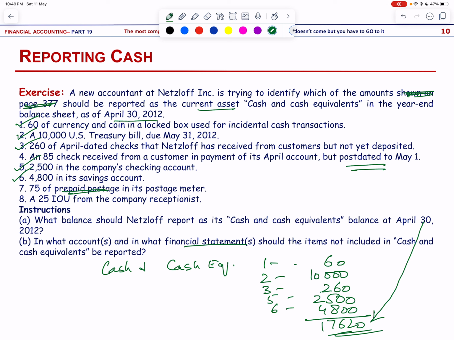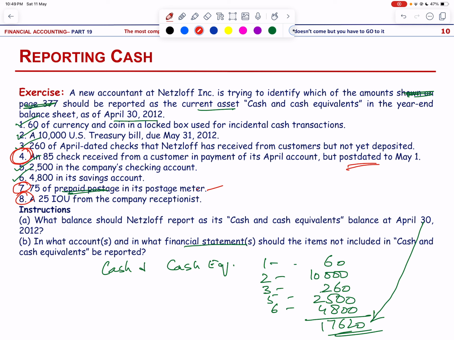So what we have not reported is number 4, number 7 and number 8. So if you look at number 4, this is a post dated check. So obviously post dated check will be recorded as accounts receivable in the balance sheet. 75 of prepaid postage in its postage meter.